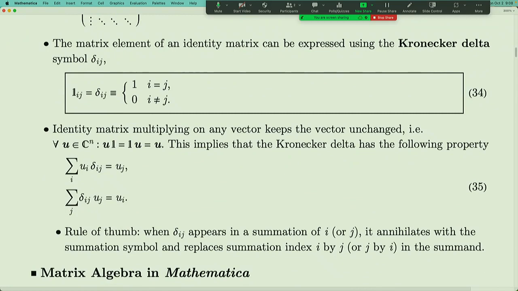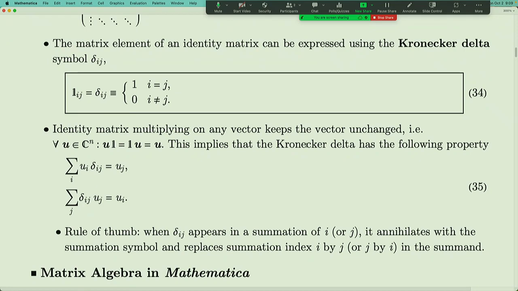There's a nice property of the identity matrix. If you follow these matrix multiplication rules, you can show that for any n-dimensional vector, when I write this left multiplication, matrix multiplying from the left of the vector, that implies that this vector is a column vector, a single column. And if the matrix is multiplying from the right, that implies this vector automatically is a row vector, otherwise it doesn't make sense.